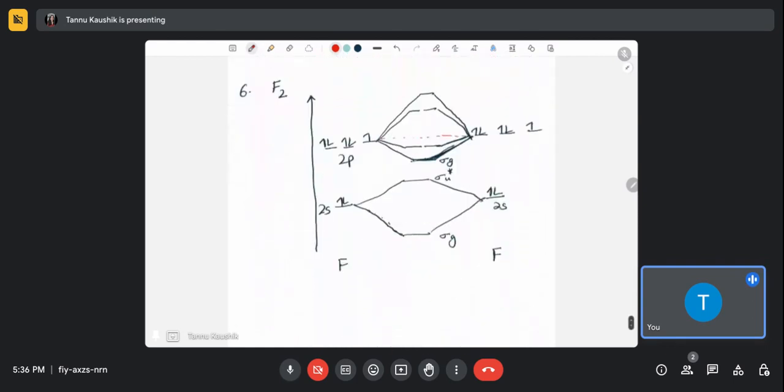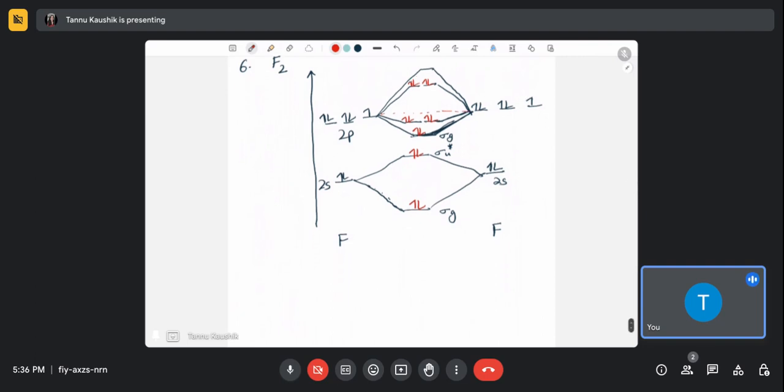So the molecular orbital diagram for fluorine will be similar to oxygen. So let's fill up the electrons. Now we have 6 electrons in the bonding molecular orbital and 4 electrons in the anti-bonding molecular orbital.